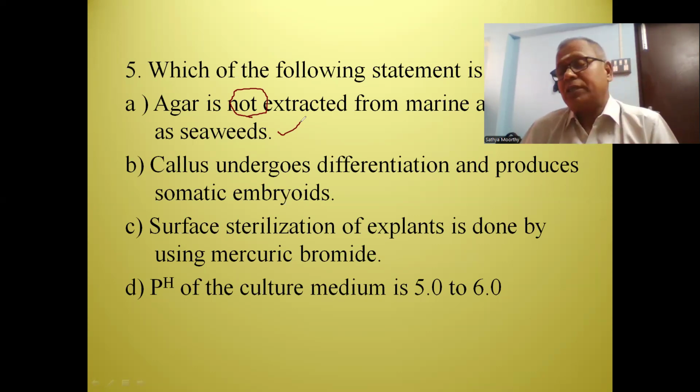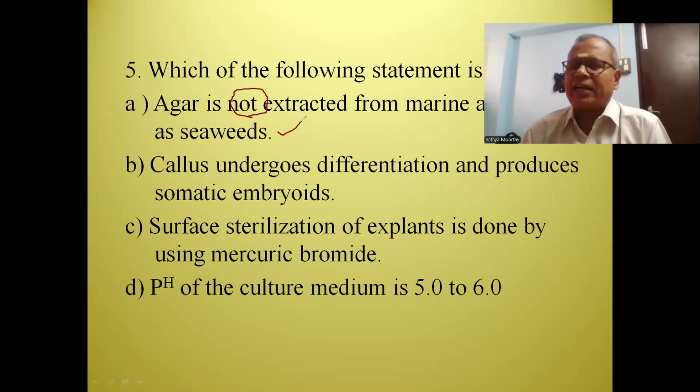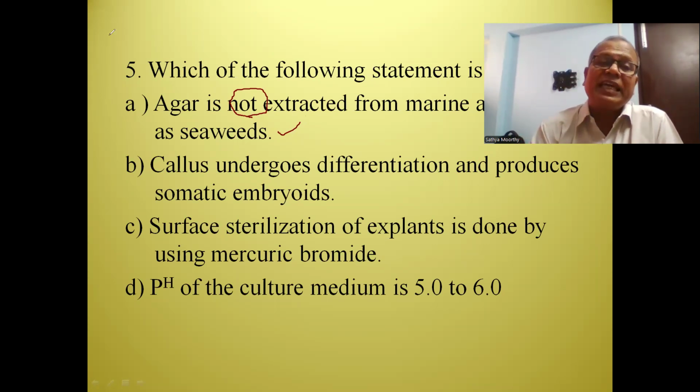Actually, you read this concept in the 11th standard plant kingdom, in the economic importance of algae. Agar is extracted, but here they mentioned not extracted. So this is the incorrect statement.